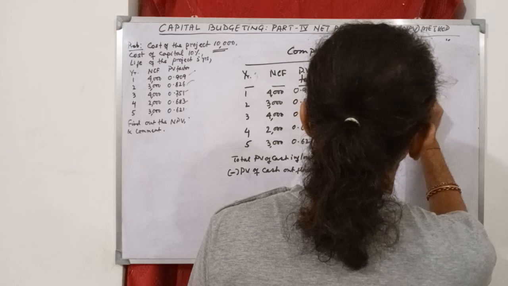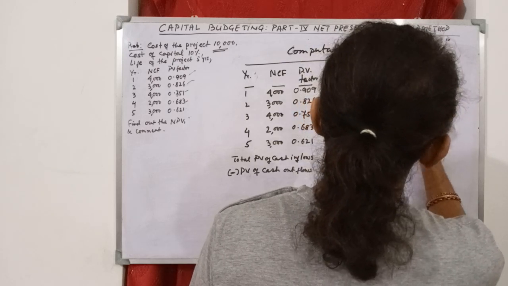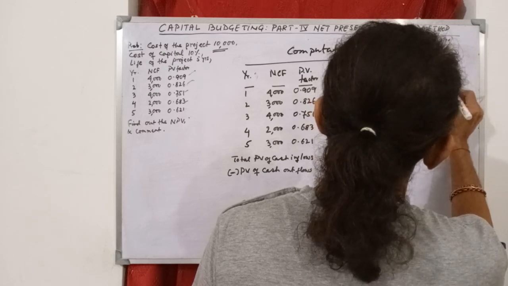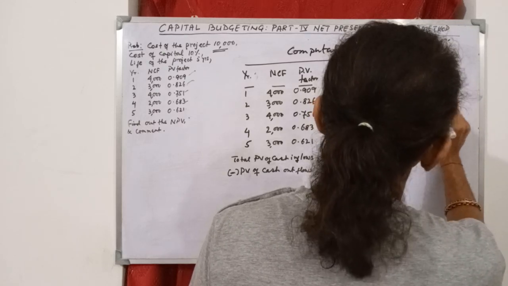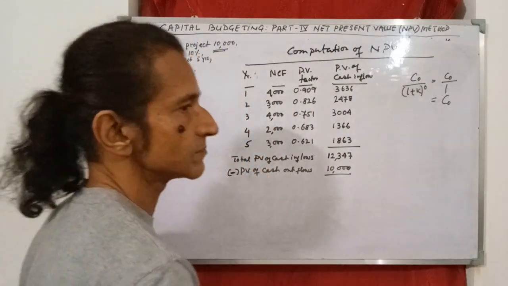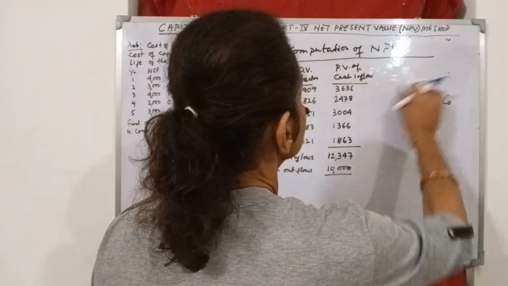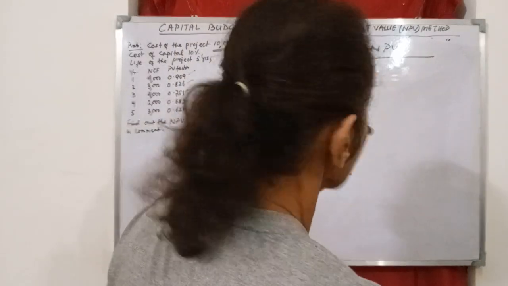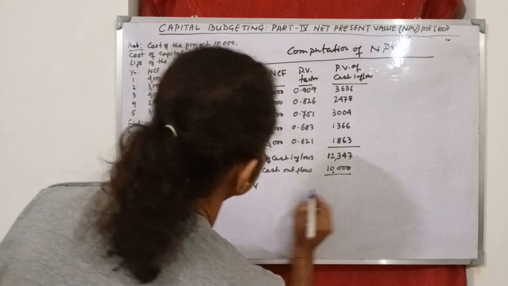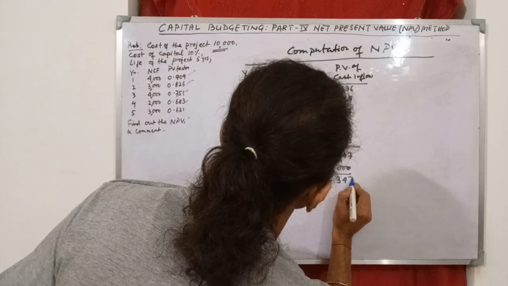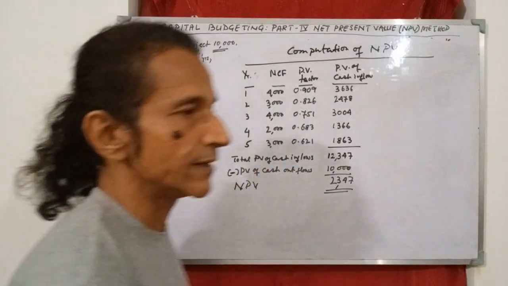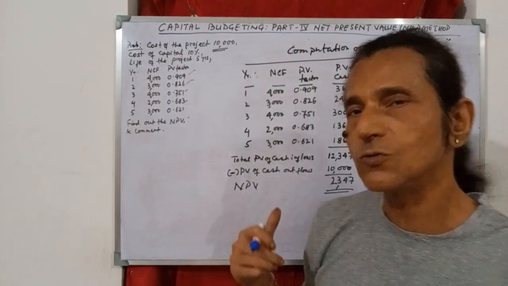So that is C0 divided by 1 plus K to the power 0, equal to C0 by something to the power 0, which is 1. So that is C0. That means 10,000. Okay. So the NPV is 2347. This is the NPV. The net present value of the project is 2347.